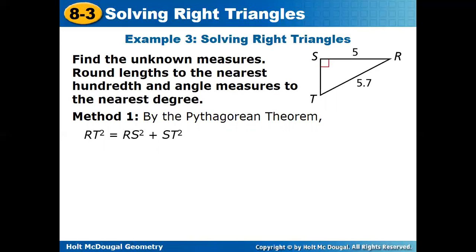If you apply this theorem in this question, substitute the length of RT, the hypotenuse, which is 5.7, and put square equals RS squared, meaning 5 squared, plus the unknown third side ST. I don't know the length of ST, so I'm going to write ST squared as it is and consider it like x in an equation, and you can solve this equation. Okay, now you can solve this question.